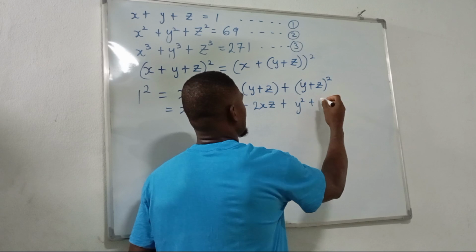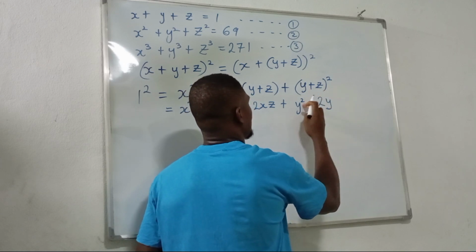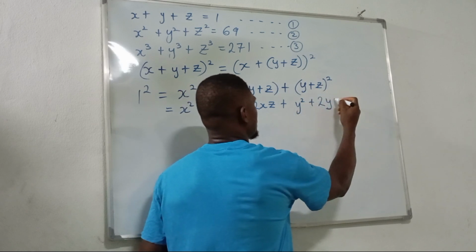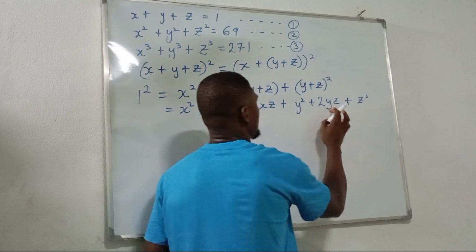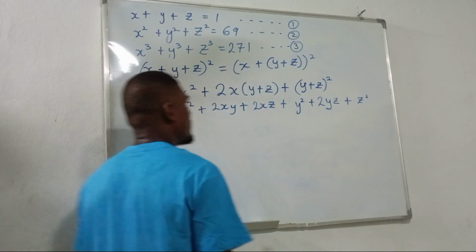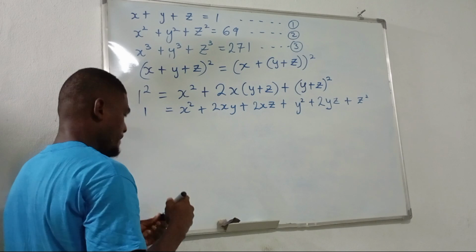And then 2yz, where the power of y is going to decrease from 2 to 1 and z is going to increase from 0 to 1. And then z squared, where y has decreased to 0 and z has increased to 2. Okay, now 1 squared is going to give us 1.